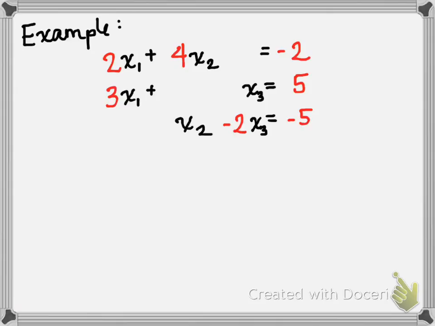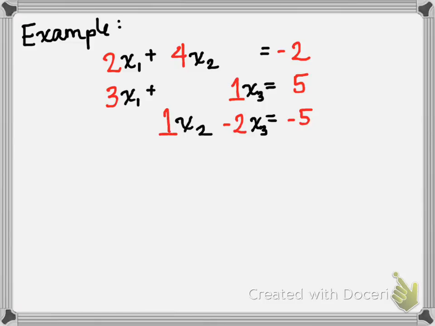So here's our example. 2x1 plus 4x2 equals negative 2. 3x1 plus x3 equals 5, and x2 minus 2x3 equals negative 5. Now remember, there are hidden coefficients here. That coefficient in front of x2 is really a 1. This coefficient in front of the x3 is really a 1. You'll actually see me write those a lot of the time.